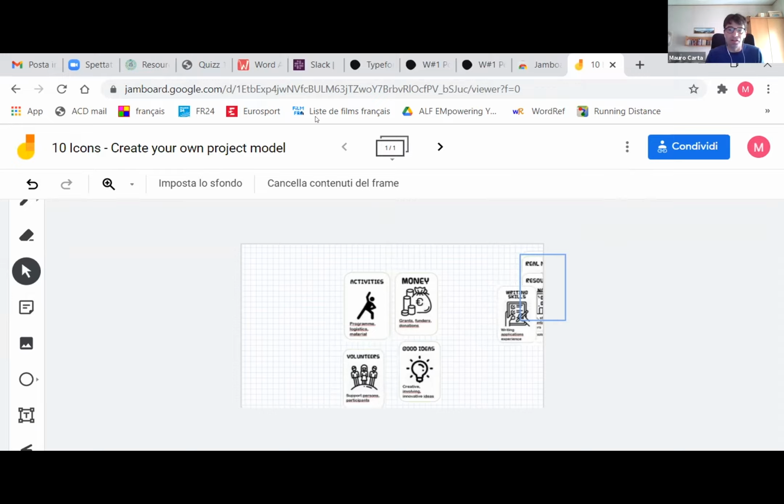So I will stop the sharing now. And of course, if you already have experience in project management, you can refer to your personal experience. Otherwise, if you are totally unfamiliar with the project writing or creating process, you can just imagine what are, according to you, the most important elements.